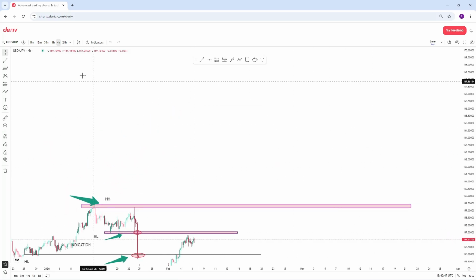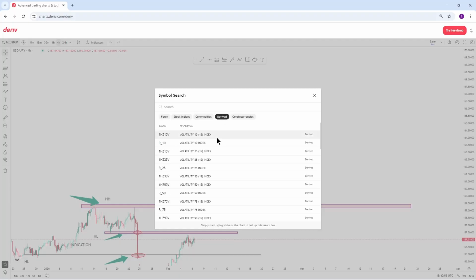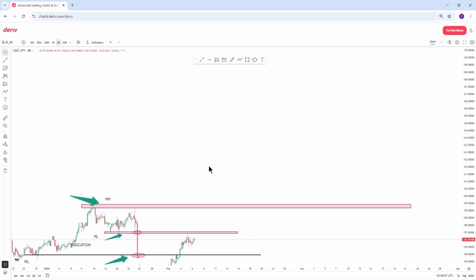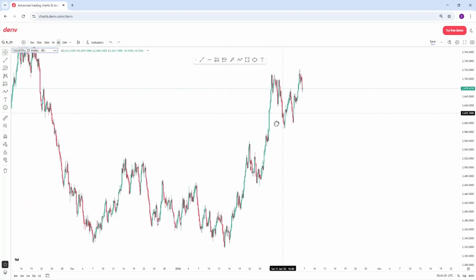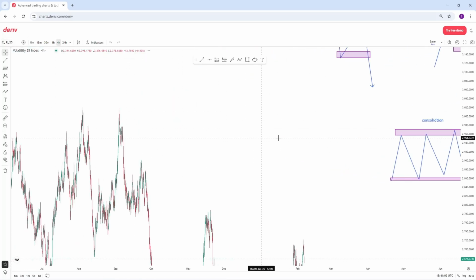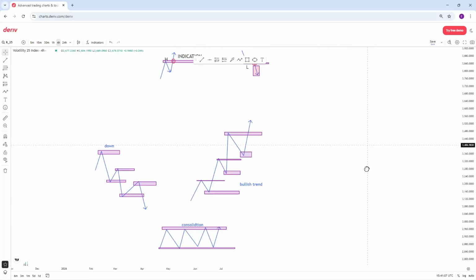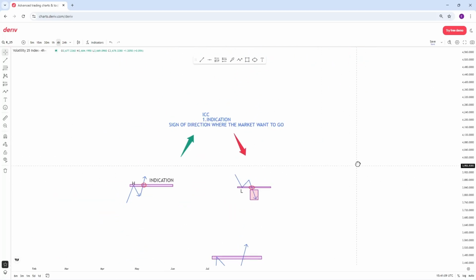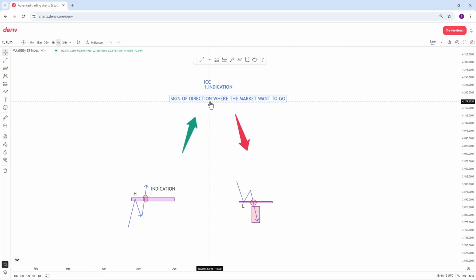Let me just give you a recap of what we learned today. What is an indication? An indication is a sign of direction, where the market wants to go.